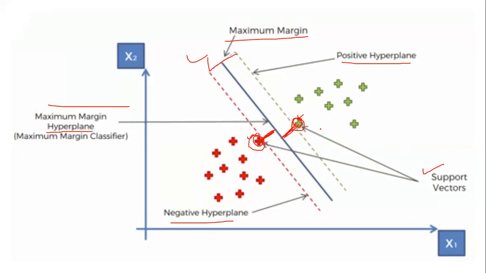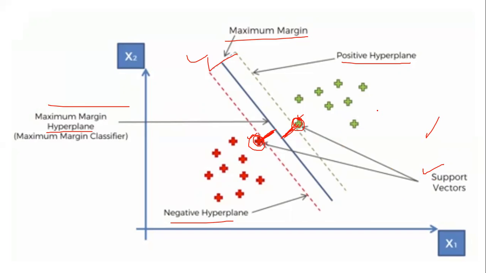These two especially are responsible for defining which line to choose out of all the possible options. In a way, they are supporting and defining which line to choose. That's why they are called support vectors, and hence we call this concept support vector machines, right?